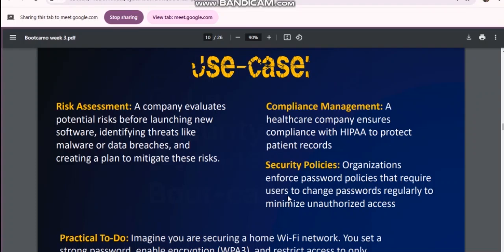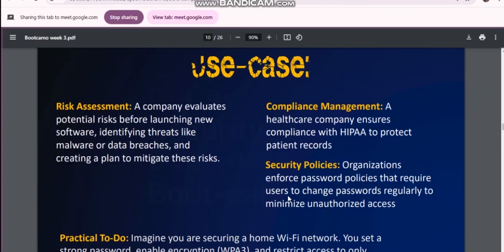On compliance management, a healthcare company, for example, ensures compliance with HIPAA to protect patient records. Down to the security policies, organizations enforce password policies that require users to change passwords regularly to minimize unauthorized access.